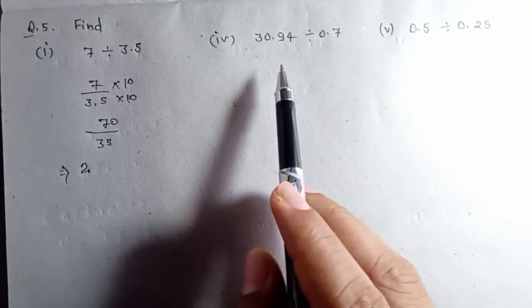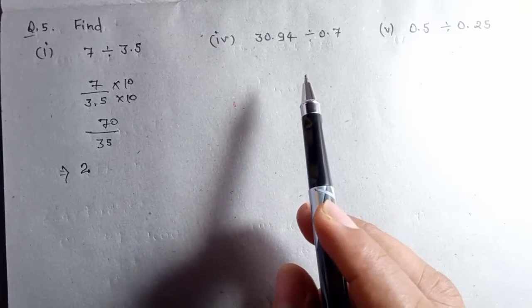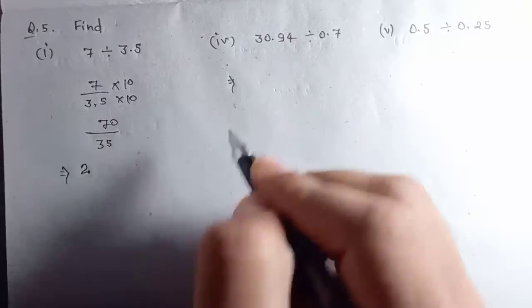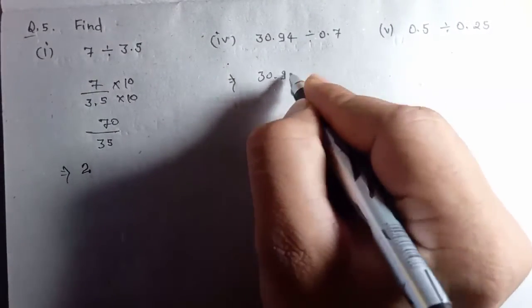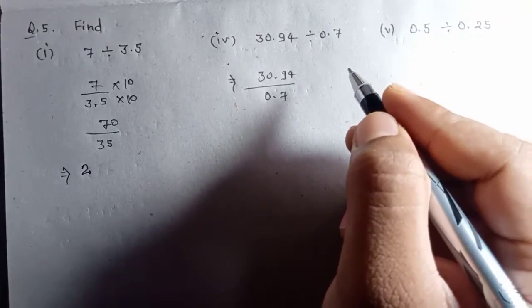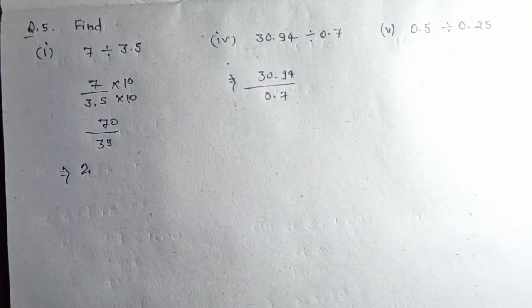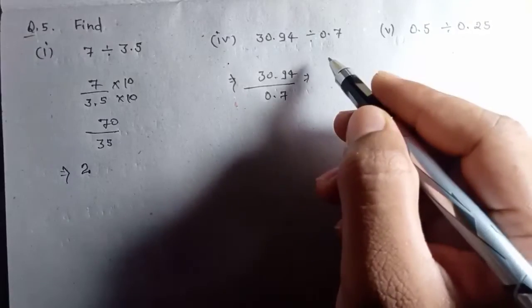What if 30.94 is divided by 0.7? Again, try to do one thing. So again write here 30.94 upon 0.7 and try to eliminate the decimal point of the denominator first. So if you have to eliminate the decimal sign, you have to multiply by 10.